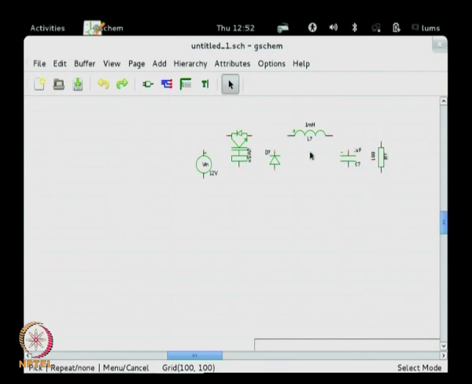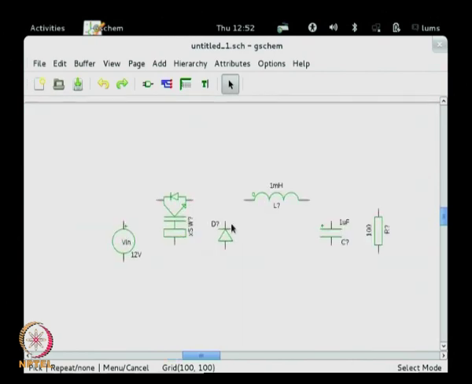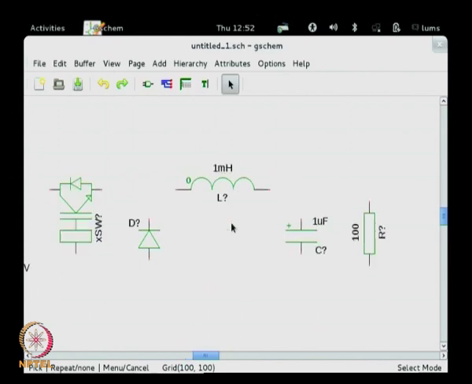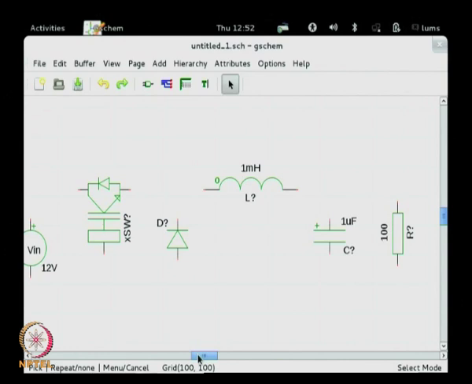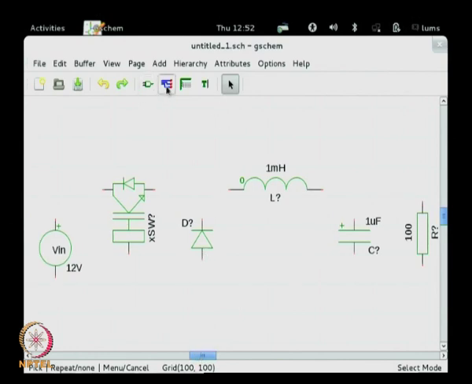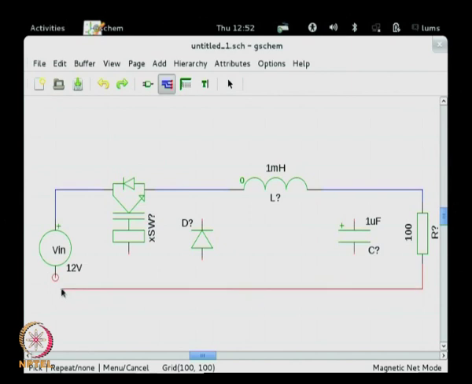So, we position them and let me zoom. Like this, use the wire, join the components, like this, just like any schematic editor.